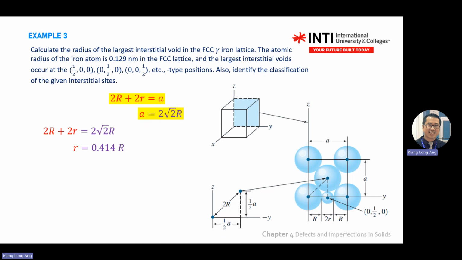And this kind of question will continue. Suggest the possible atoms that you can use for this alloy. There's a table that you see very frequently in chapter 2.